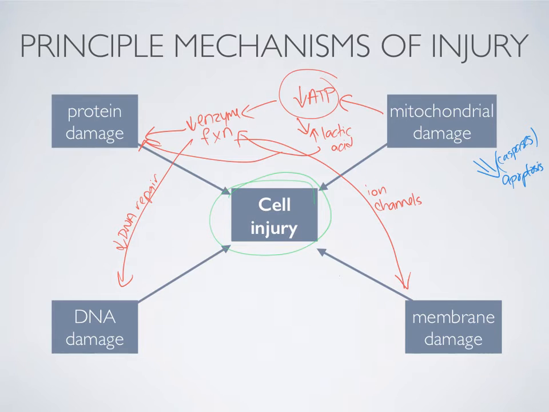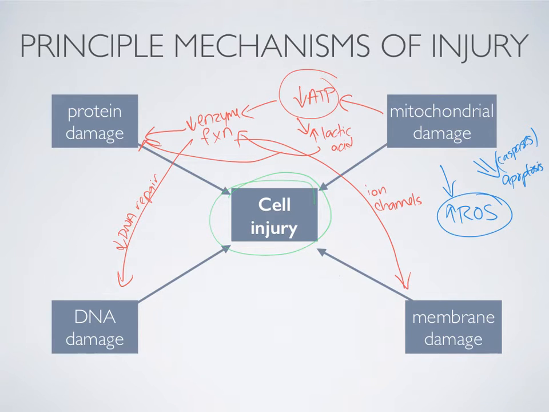Also, if you have mitochondrial damage, remember mitochondria is where you're using oxygen. And so anything that's disrupting your normal oxidative phosphorylation can end up leading to increased reactive oxygen species. And reactive oxygen species are free radicals.